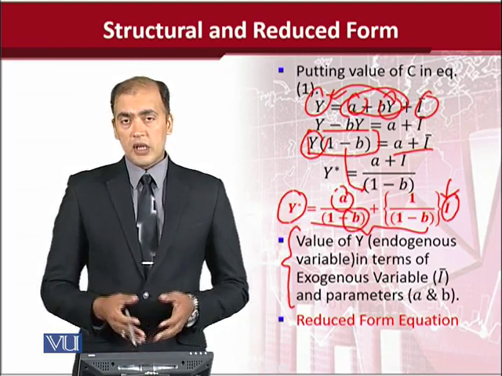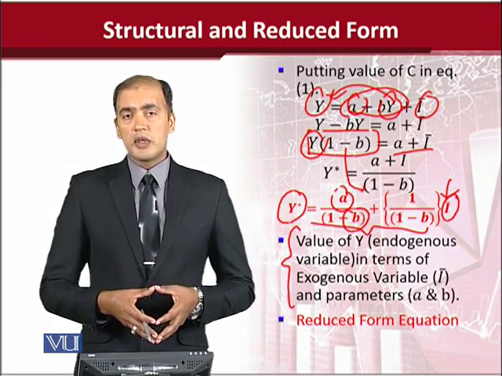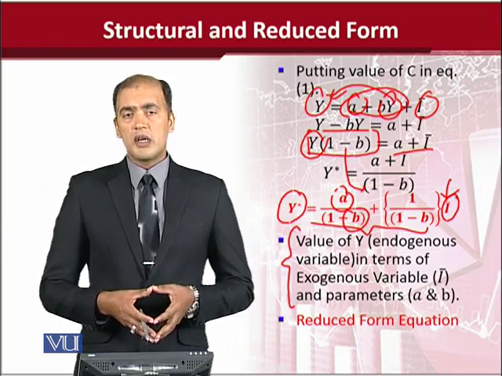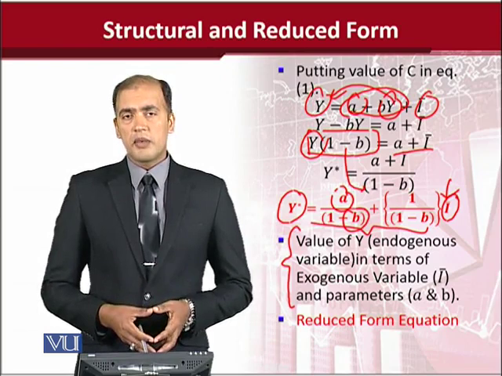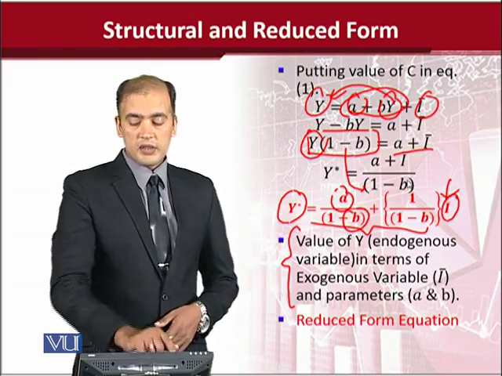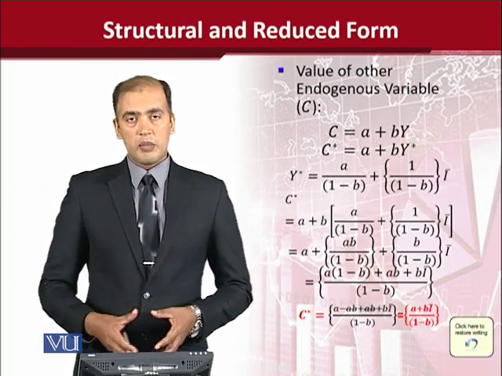Now this was the value of Y, that is the value of the first endogenous variable in the equation. Now we have another endogenous variable in that system, which was C. So we can find the value of C as well in order to interpret the whole system in a better way.